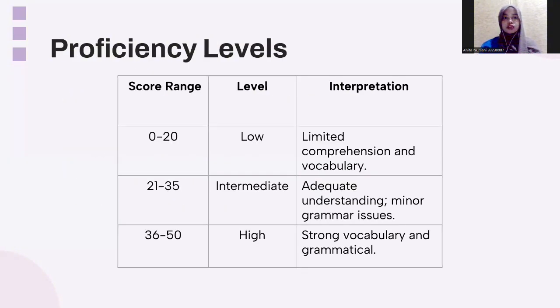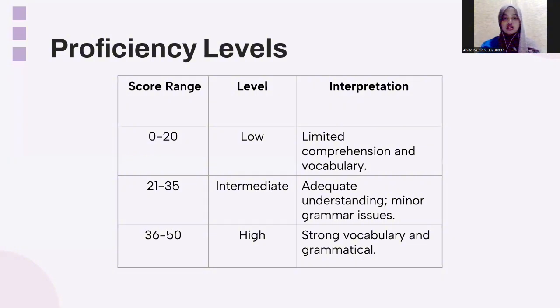And then for the proficiency levels, if I put the test design at 50 questions, meaning 50 blanks, and a student gets 50 correct, it means that their level is high and they have strong vocabulary and grammar.